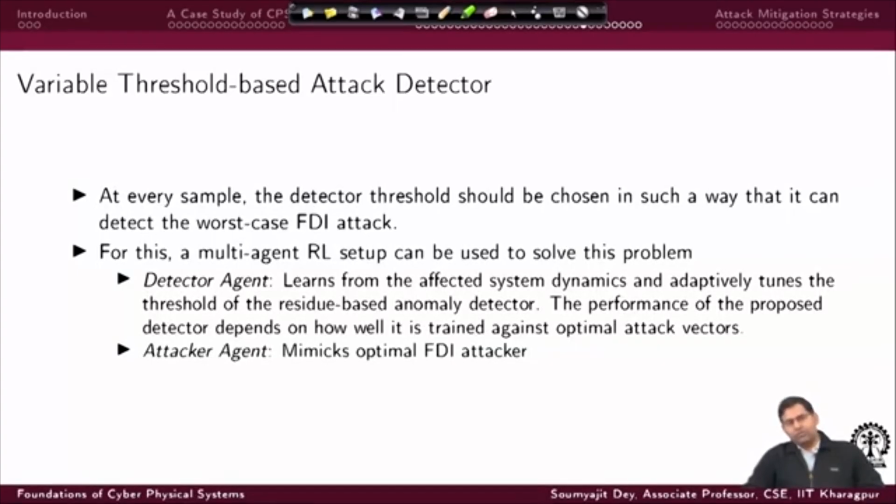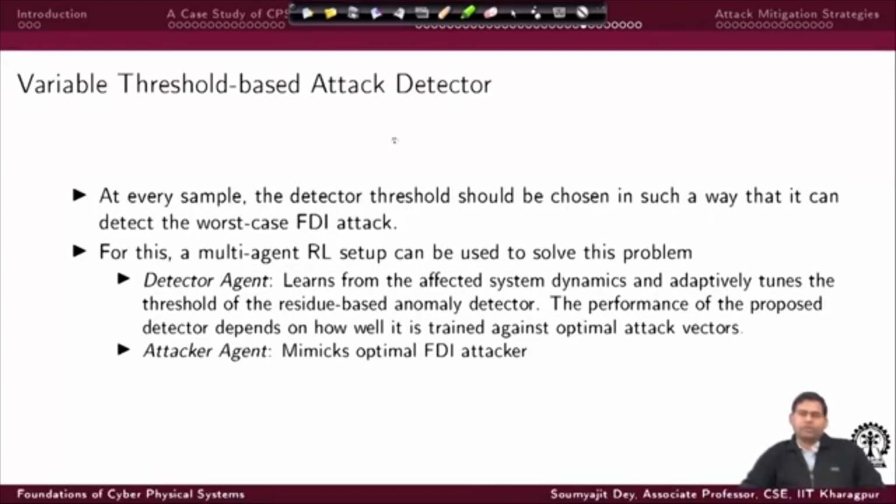That means you should create a nice attacker agent whose goal is to disturb the function of the system, and the detector should be able to learn the threshold based on which it can detect the attacks that the attacker agent is causing. In case this detector agent is able to detect the attacks, then it can be deployable, and in a deployed scenario it can actually subvert other attacks also.